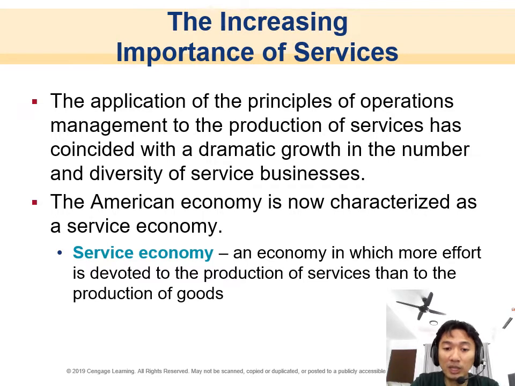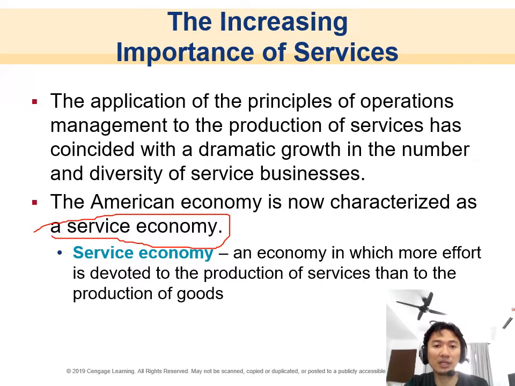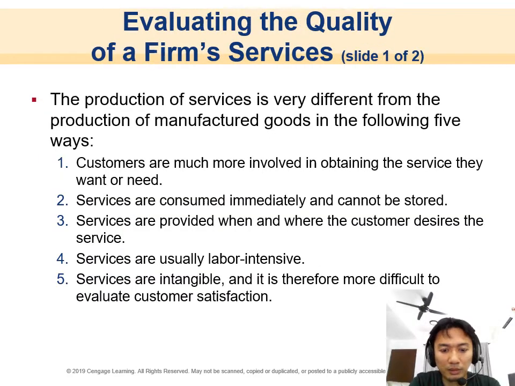The American economy and some other developed countries are now characterized as a service economy. What is a service economy? It is one in which more effort is given to the production of services. So when a country puts more effort into producing services, the country slowly becomes a service economy.